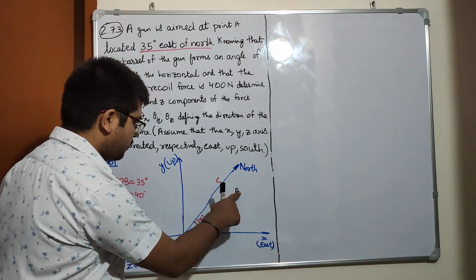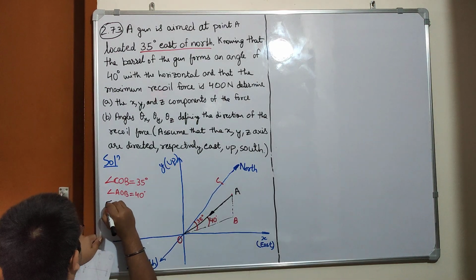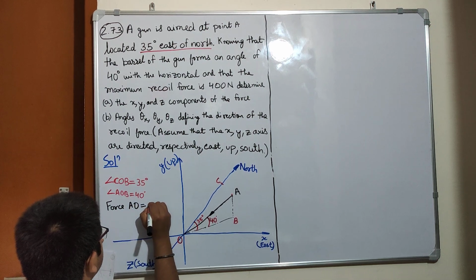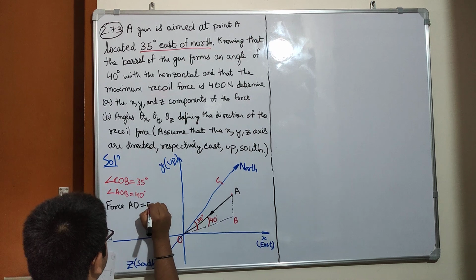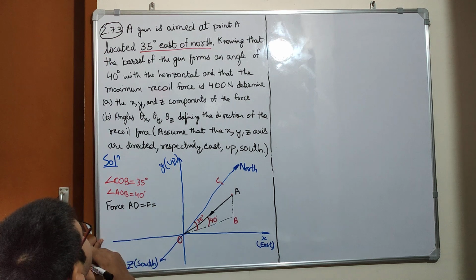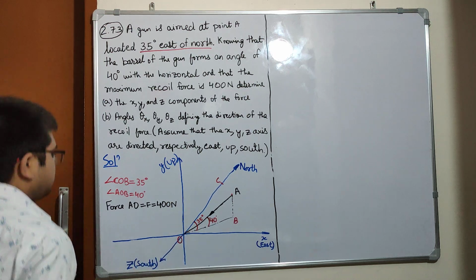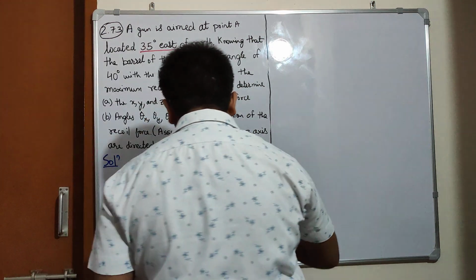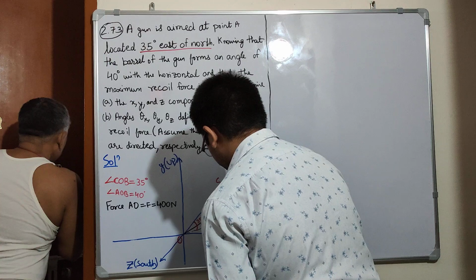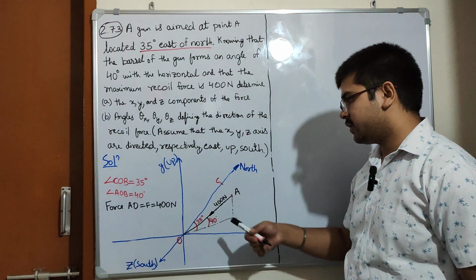This is the force. AO is the force. Force AO equals F equals 400 newtons.